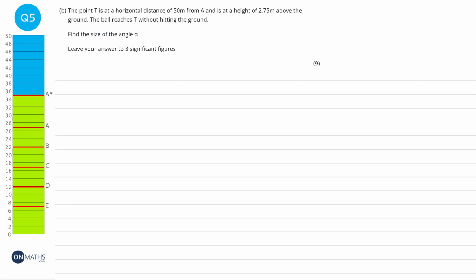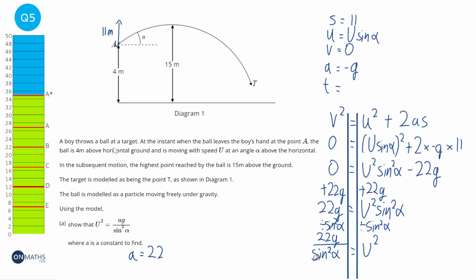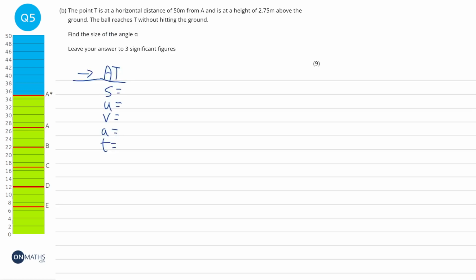We're going to start by having a look at the horizontal motion, and always just make sure you label what it is you're doing. So a horizontal motion between A and T. We're going to start by putting our suvat down and see what we know and what we're trying to find out. So looking back at the diagram, we know that the S is 50 because it tells us here, so it's 50 meters between the two.